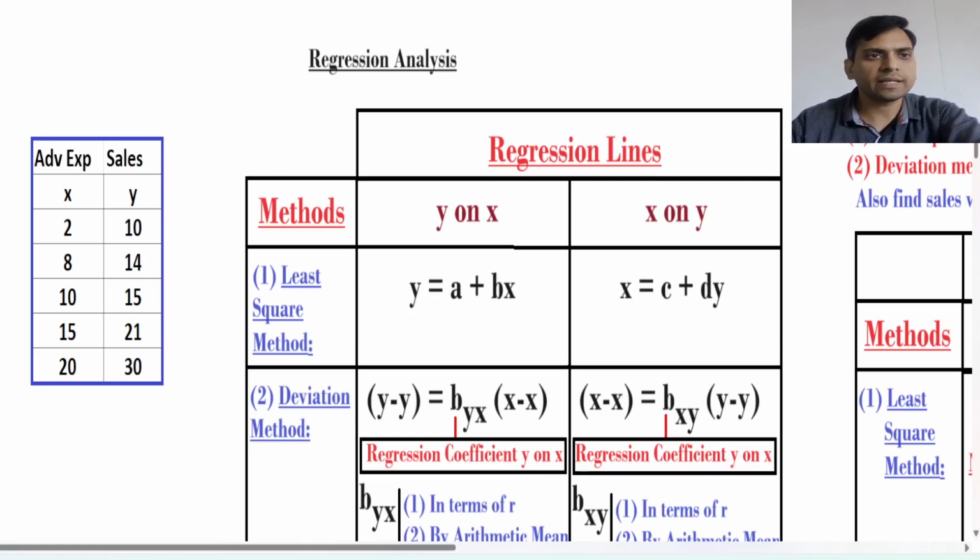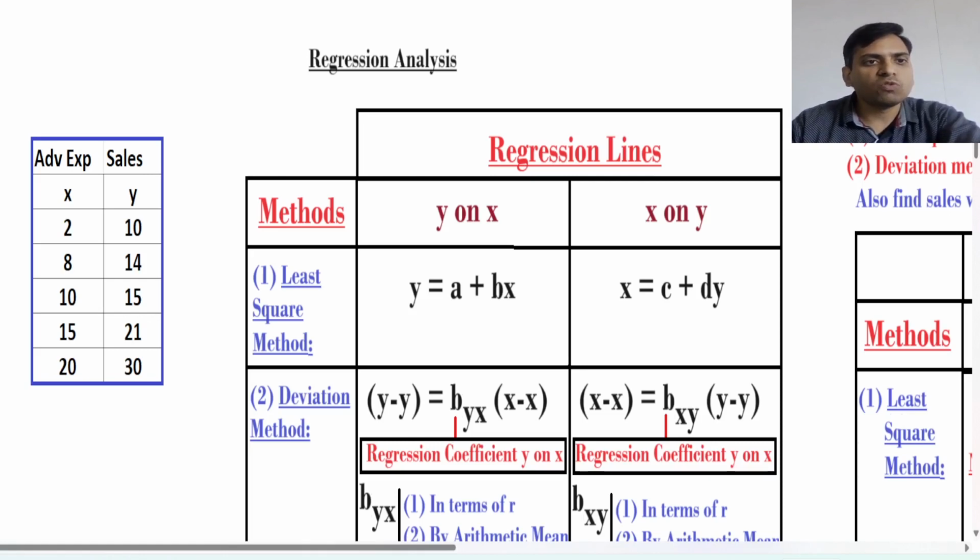So we have this data of advertisement expenditure and sales, and we are considering advertisement expenditure as X and sales as Y. So in regression analysis, we have two columns. First, when advertisement expenditure is 2 lakh, then sales is 10. When advertisement expenditure is 8, then sales is 14 lakh, and so on.